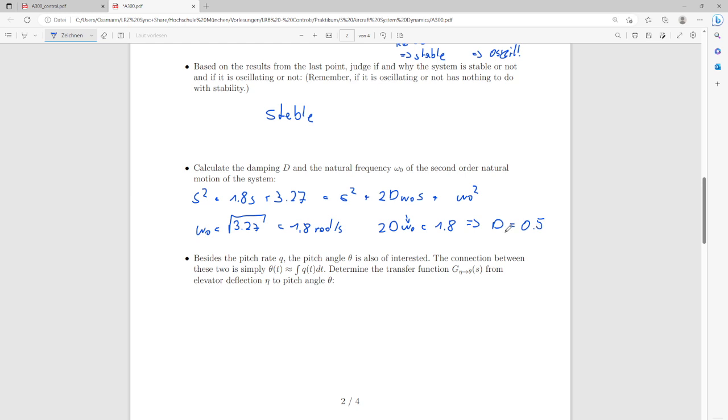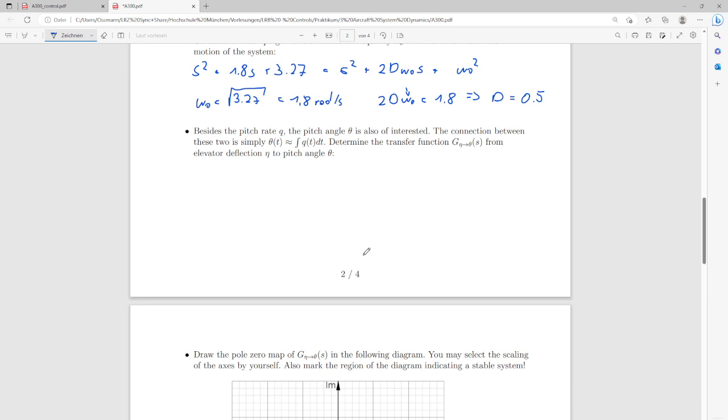Okay, so next question. Besides the pitch rate, the pitch angle or flight attitude is also of interest. The connection, which we know from flight mechanics, is that the pitch angle theta is simply the integral of the pitch rate. So now we should determine the transfer function from the elevator deflection eta to the pitch angle theta.